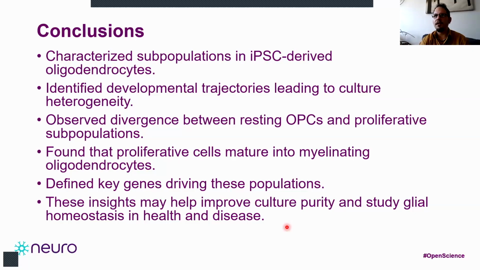We defined the key genes driving this divergence, and this insight will be used by us not only to improve the culture purity in future iterations of the protocol, but we will also be able to study glial homeostasis and the interplay between astrocytes and oligodendrocytes, both in health and in disease.